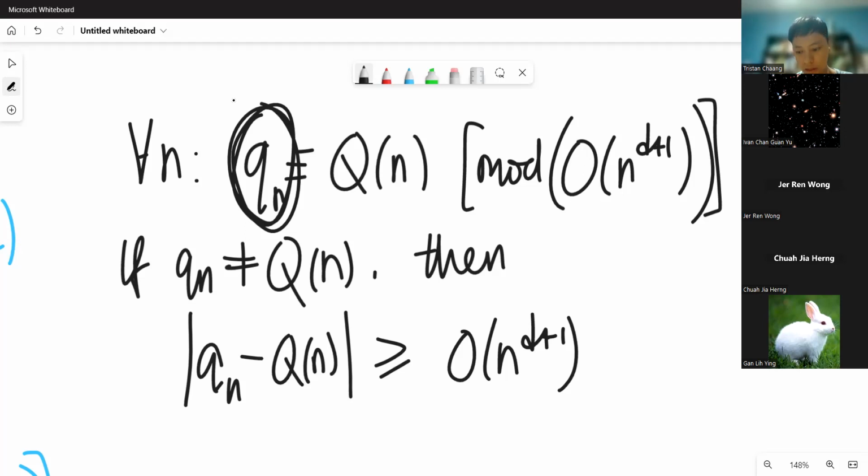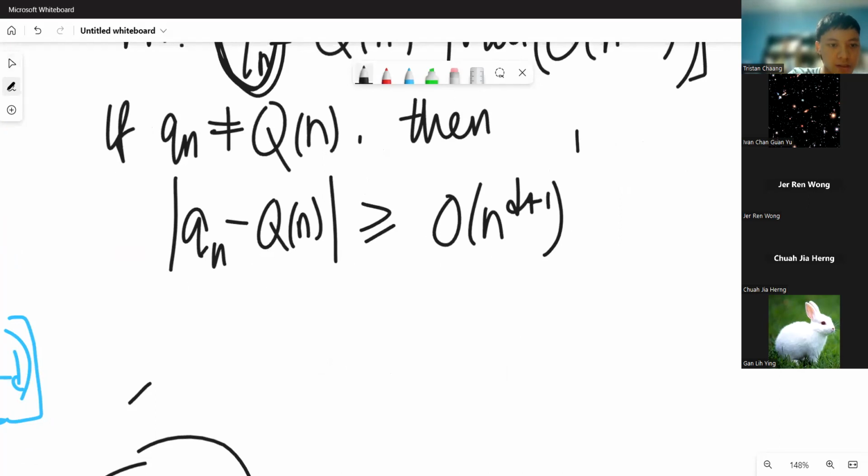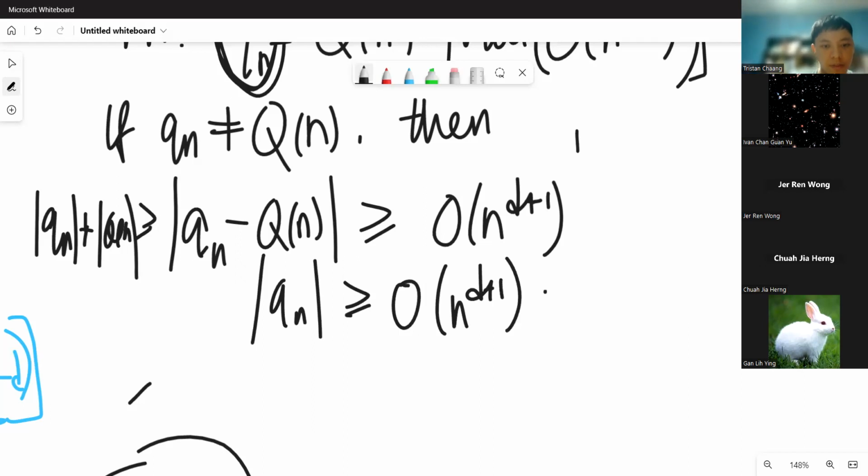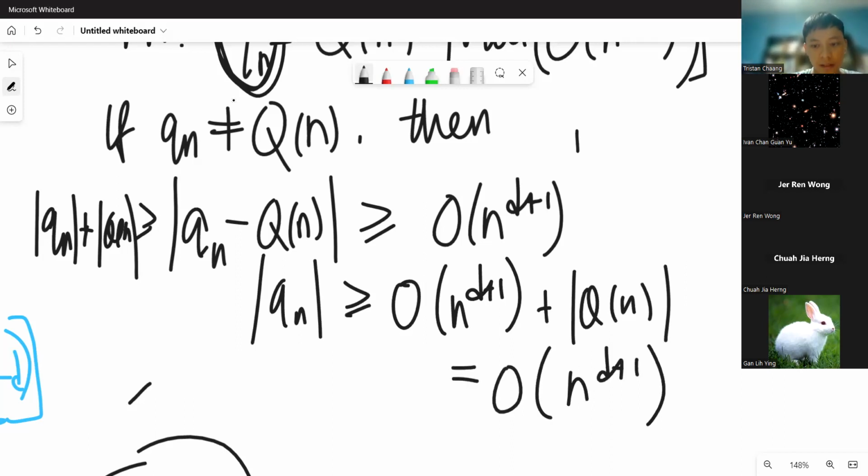What kind of d can we use? Well, remember p. So this is more than or equal to qn plus Qn. But Qn is a polynomial of degree d, so this is also n to the d plus 1. So this doesn't work because, remember, this thing is less than or equal to Pn.